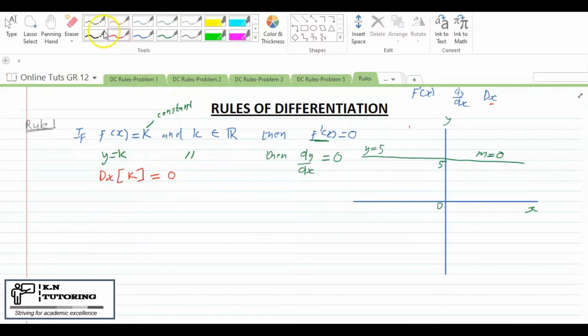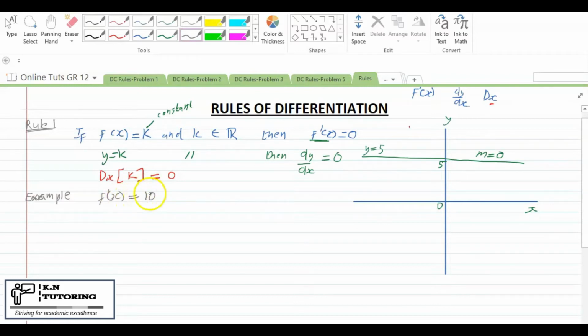Let's look at an example. Let's say we are asked to determine the derivative of f of x equals 10. We can see that this is a constant. It doesn't have variables attached to it.